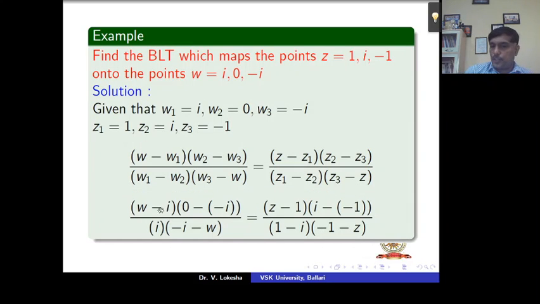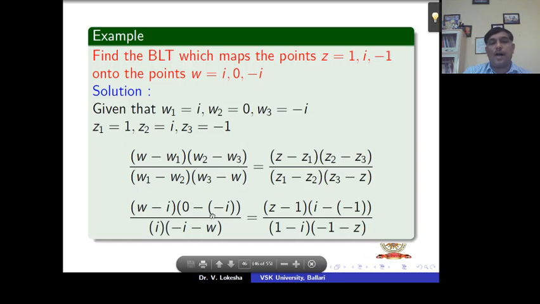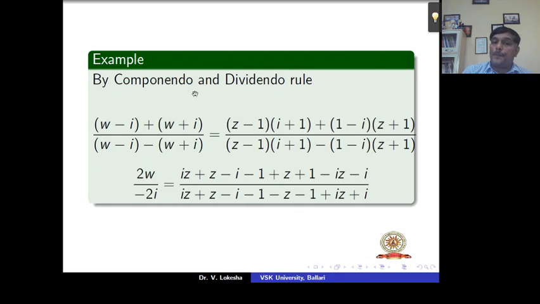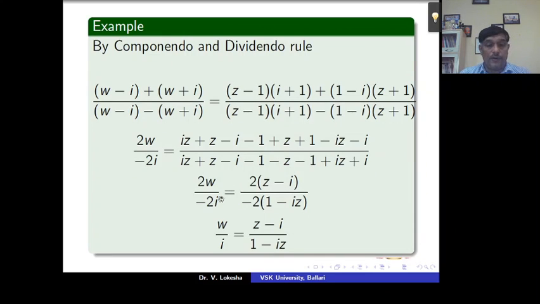After substitution we get (w − i)(0 − (−i)) divided by (i − w)(...), and then we can simplify: (w − i) divided by (w + i), because the i cancels. Then we can apply the componendo and dividendo rule: (w − i) + (w + i), that is 2w, and (w + i) − (w − i), that is 2i. After applying the dividendo formula, this becomes −2w divided by −2i.